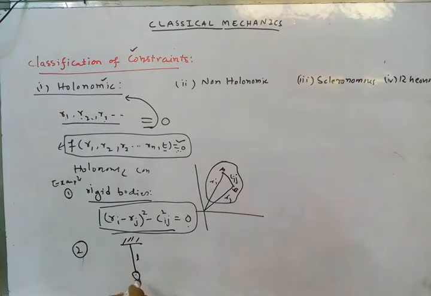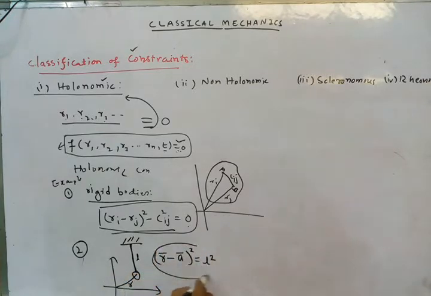Here r is the position vector of the point mass, and a is the position vector of the support. (r minus a) whole square equal to l square. l is the length of the pendulum, the constant distance.